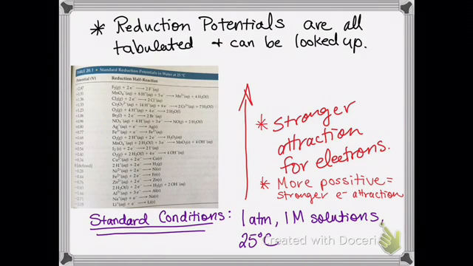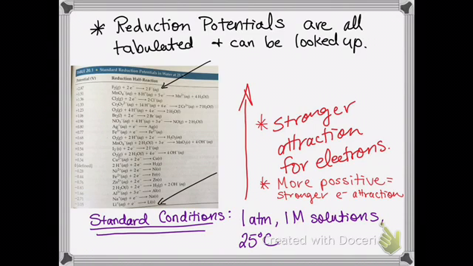It's already been tabulated. Reduction potentials can be looked up, and the stronger the attraction a metal has for electrons, the more positive the value will be. So the ones towards the top have a very large reduction potential, and the ones at the bottom have a very low reduction potential.